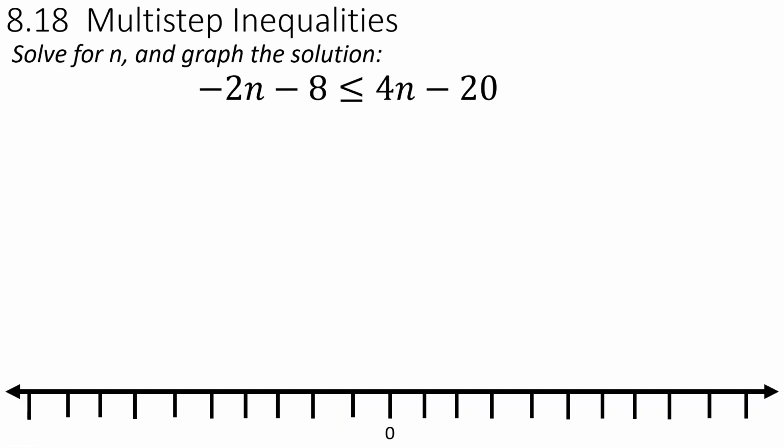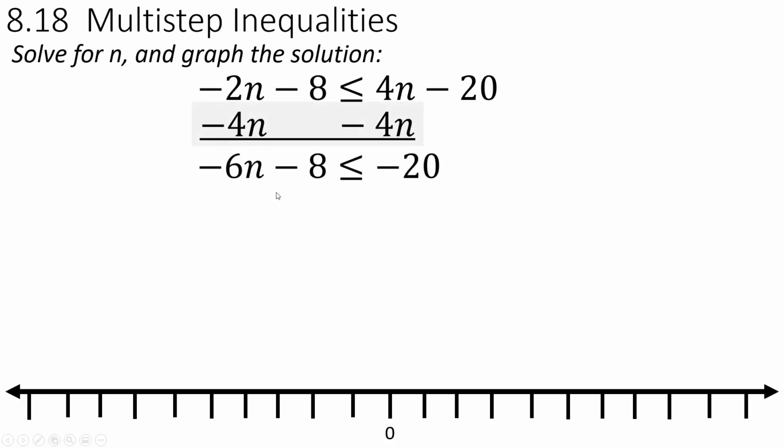Finally, we have our inequality. Same process as that equation that we just did. I'm going to go ahead and get my n's over to the left side. I like doing that. I'm going to take away my 4n from both sides. Negative 2n, minus 4n is going to give me negative 6n.